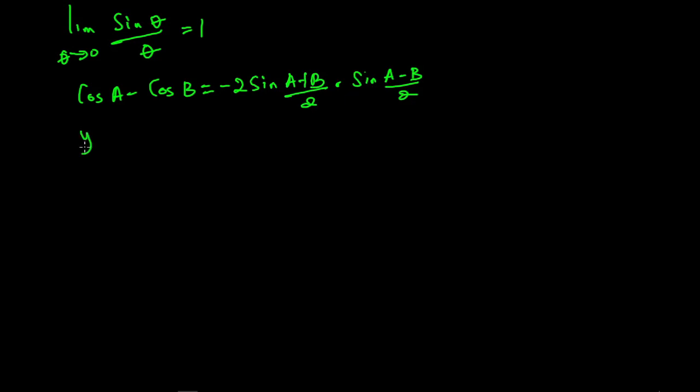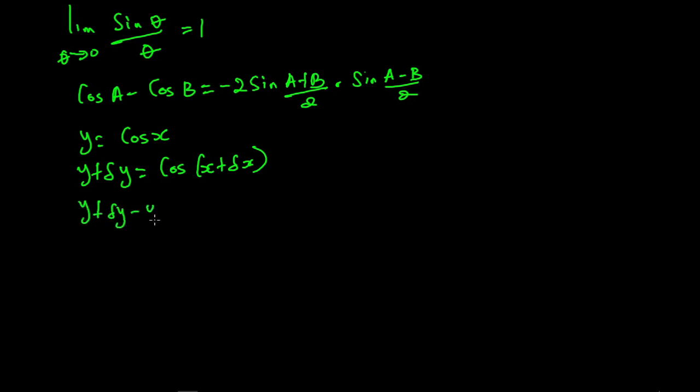So given y equal to cos x, that means y plus delta y is going to be equal to cos of x plus delta x. Now subtracting y from both sides, we have y plus delta y minus y equal to cos of x plus delta x minus cos x.